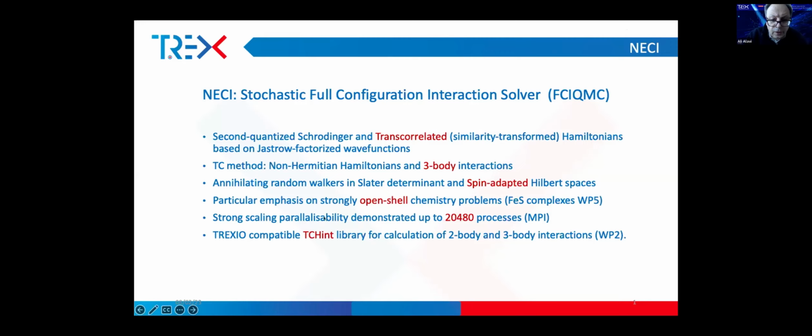The NACI code exhibits very good parallelizability, as I'll show on the next slide, up to about 20,000 processors. So this is, I guess, not exactly exascale, but it's pre-exascale type of parallelizability.